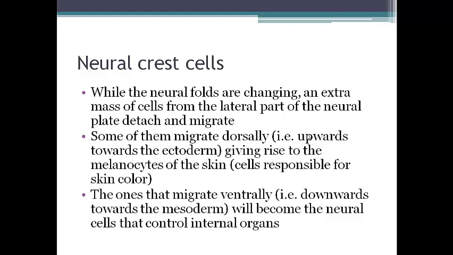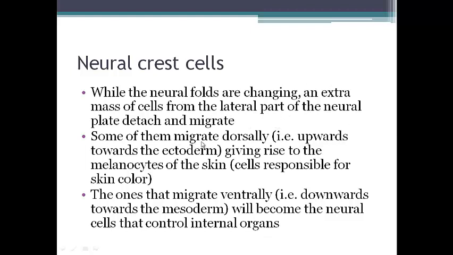Depending on where they go, these neural crest cells become different things in the future. Remember, the embryonic disc is flat, so there is a limited number of places they can go.